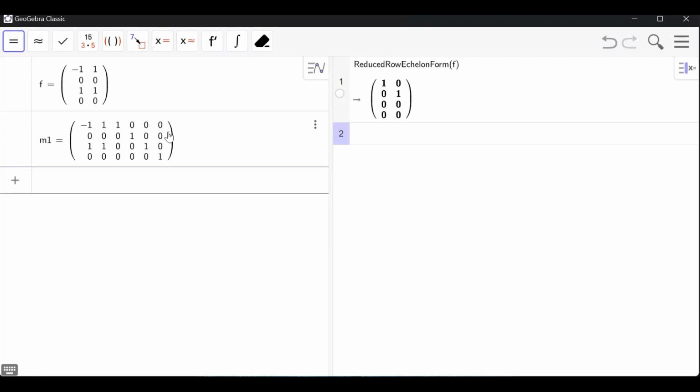So here we have the identity matrix, and this is our augmented matrix. So here are our two vectors, x squared minus 1, if you will, and x squared plus 1. And then here's the identity matrix here. Okay, so we're going to go ahead and look at the reduced row echelon form of this.